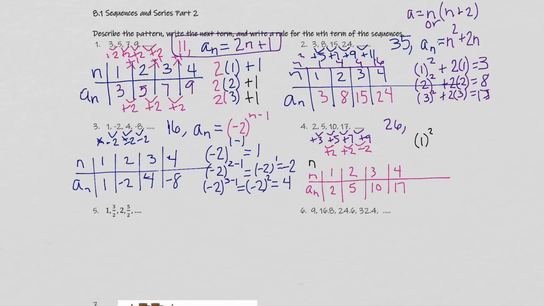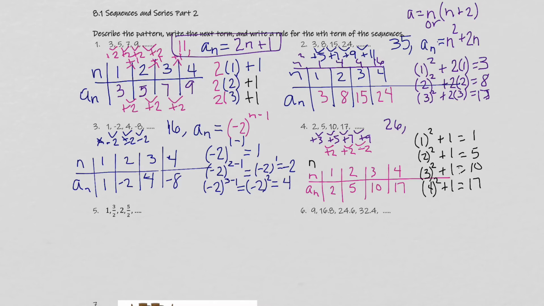So I could multiply by 2. I could add 1. So I'm going to just start with adding and see what happens. So 1 squared plus 1 would give me 2. 2 squared is 4, plus 1 would give me 5. So far, so good. 3 squared plus 1 would be 9 plus 1 would give me 10. 4 squared plus 1 would be 16, would be 17, sorry.